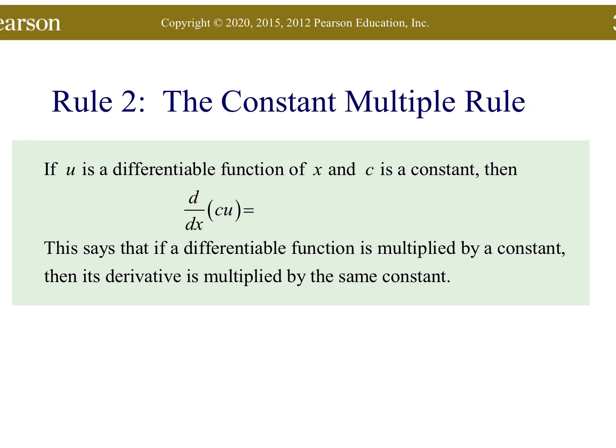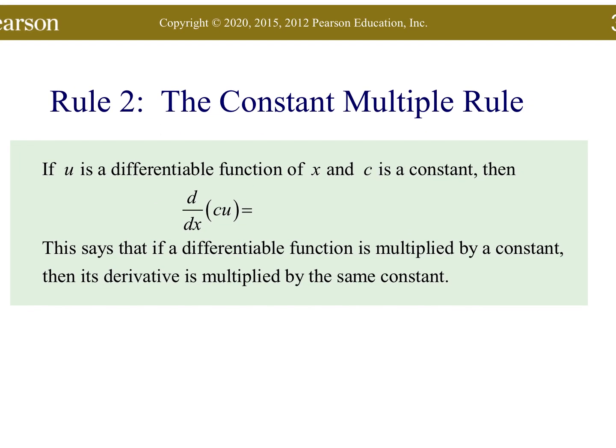All right, the next one. What if you have a constant and a variable? What if you have C and U together? Again, think of it as a graph, and then think of the word derivative being the word slope. C times a variable. For example, 4x. That's a constant times a variable.